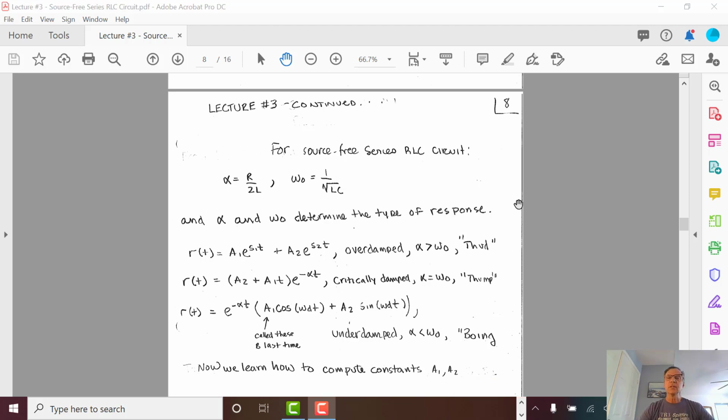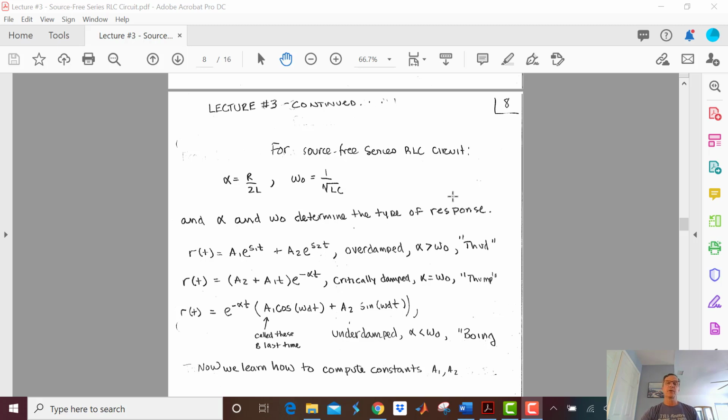Let's review just a little bit before we move on to solving for the constants in our equations. For the source-free series RLC circuit, we have alpha equal to R over 2L, and omega naught equal to 1 over the square root of LC. Alpha and omega naught determine the type of response.